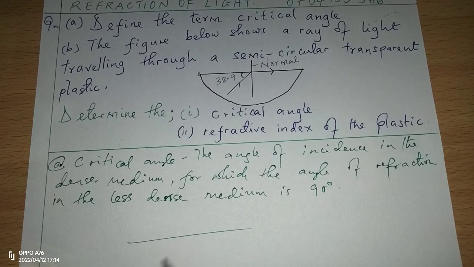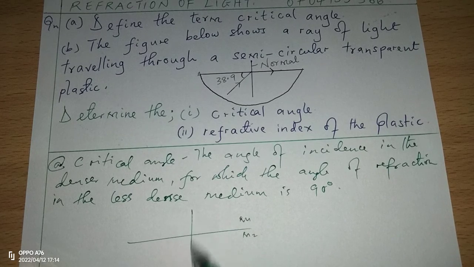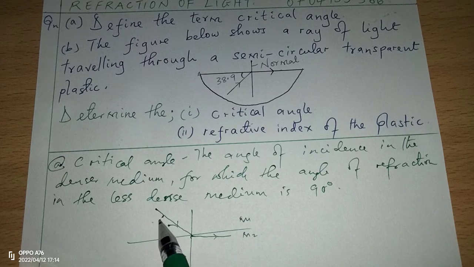So if we have two media here, medium 1 and medium 2, such that light is traveling from a denser medium to a less dense medium, we usually say that the ray gets refracted away from the normal, such that if we continue increasing the angle of incidence from this value to a new angle, a time will come when the angle of refraction becomes 90.